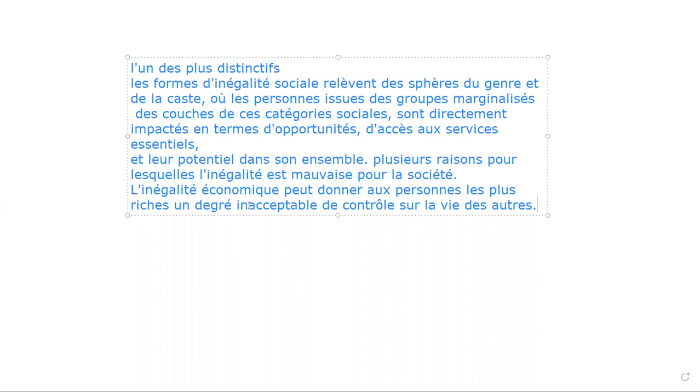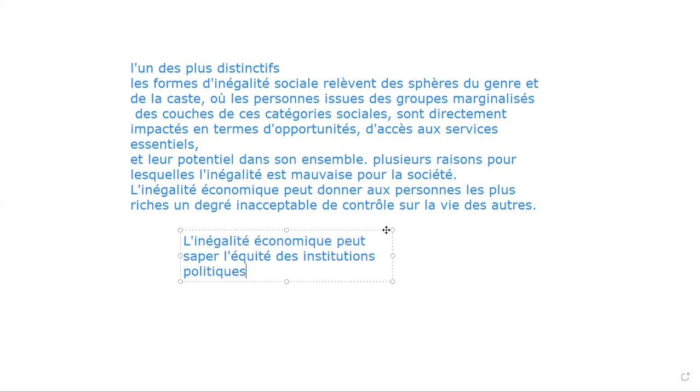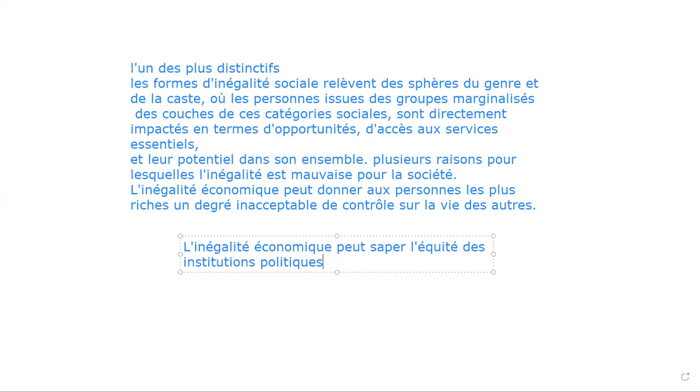Saper is my verb, to undermine. I'm giving you a lot of vocabulary for B2. So répétez après moi. L'inégalité économique, economic inequality, peut saper, can undermine l'équité des institutions politiques, the fairness of the political institutions. Saper, undermine.